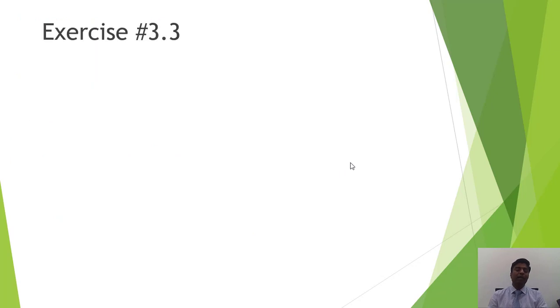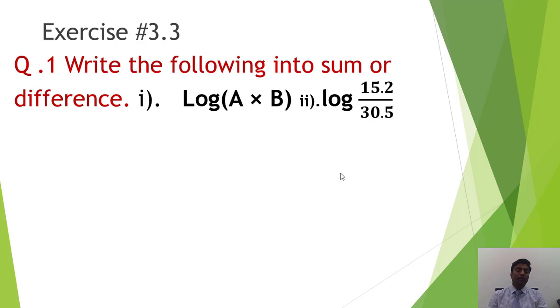Question number 1. Write the following into sum or difference. Part 1. Log a multiplied by b, that is the log of product of two numbers, can be written as the sum of two logarithms. Part 2. Log 15.2 divided by 30.5.